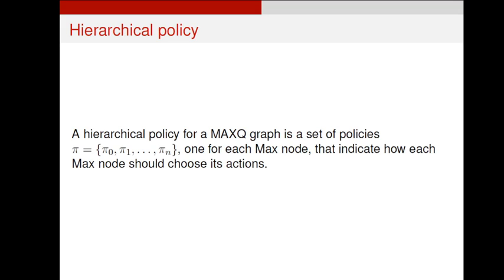Now let us define the hierarchical policy. I split the entire task into subtasks. Each subtask will follow a policy. That policy is called the sub-policy or hierarchical policy for MAXQ. We have seen it from the MAXQ graph. It is denoted by a family pi0, pi1, pi2, etc., pi n, which means there are n hierarchical policies.